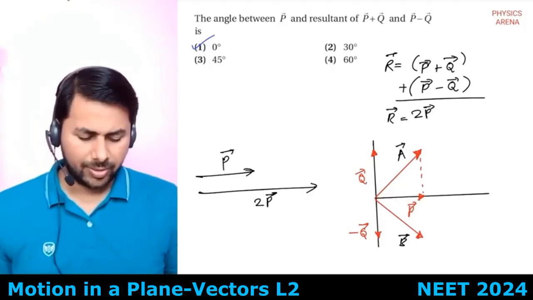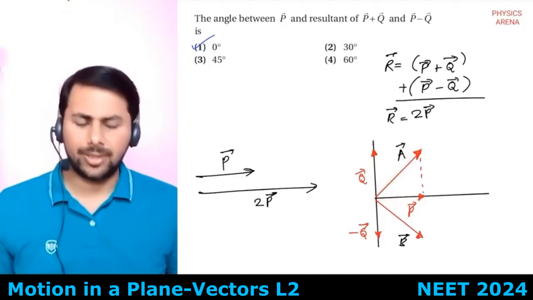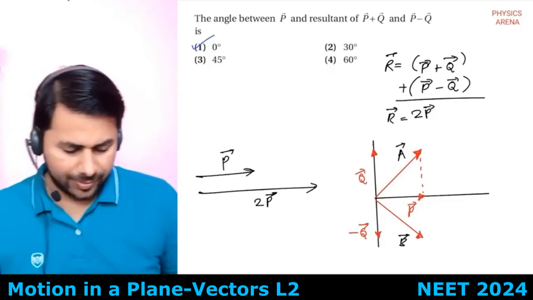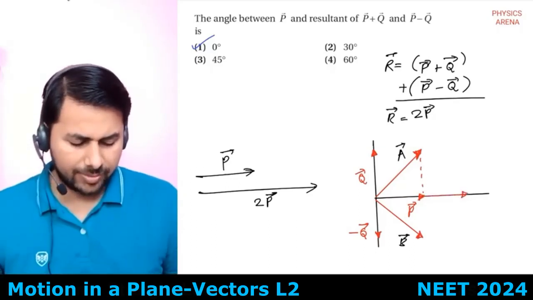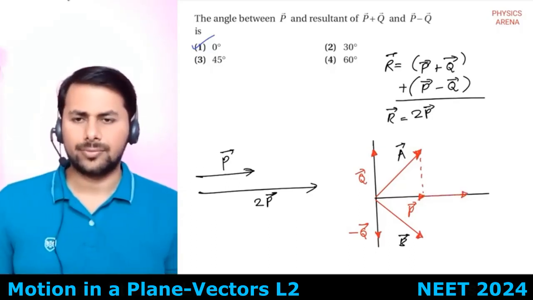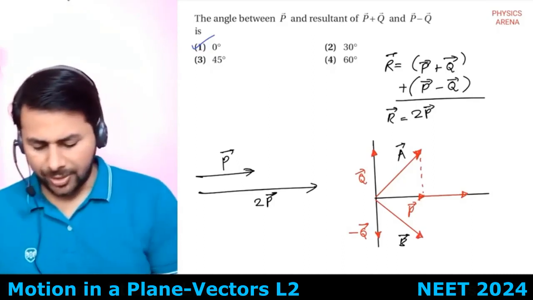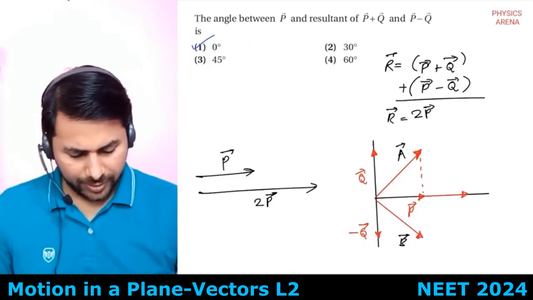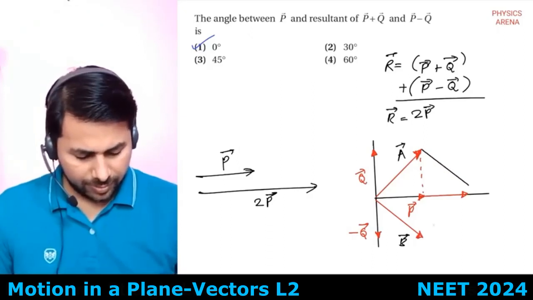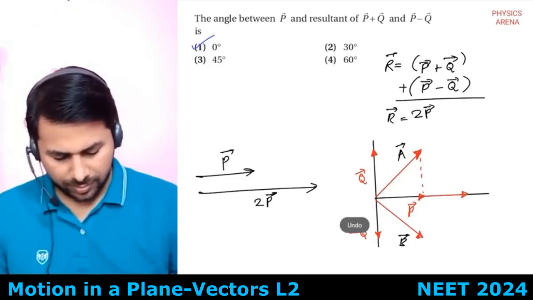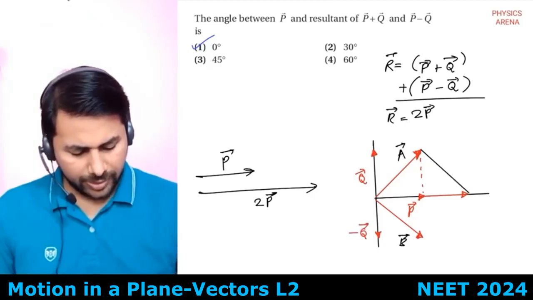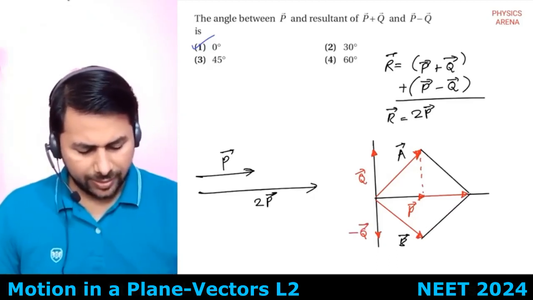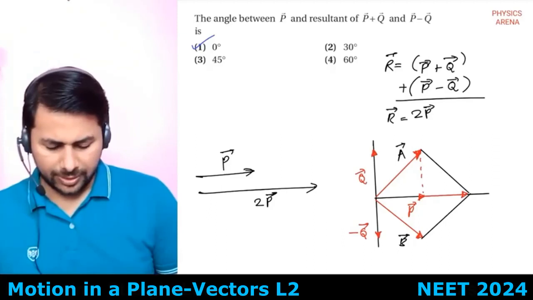Horizontal components of both of them are p and p, so they get added, right? So the resultant will be this much. Or you can complete the parallelogram if you like. If I draw them to scale, the resultant will come out to be this much.